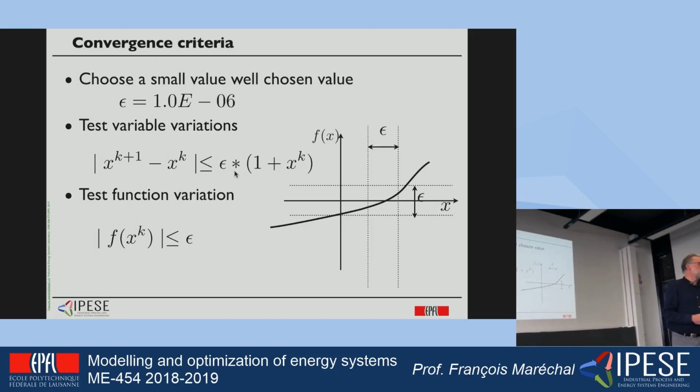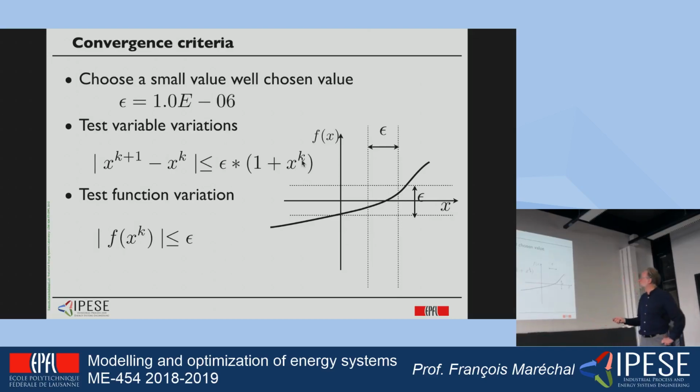Okay? So typically we assess the variations with an absolute or a relative value. So it means that if the value is quite small, I'm going to compare it with 10 to the minus 6. But if the value is quite big, so enthalpy, for example, is 10,000, the typical order of magnitude, then what I'm going to say is that I would be happy if it varies only by x%.